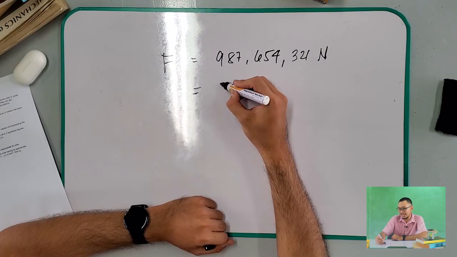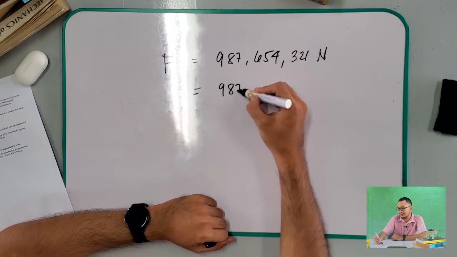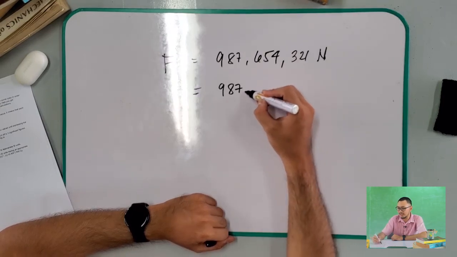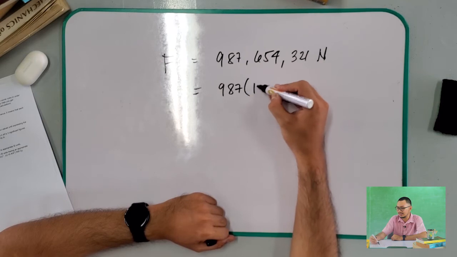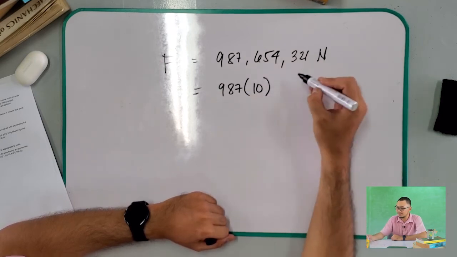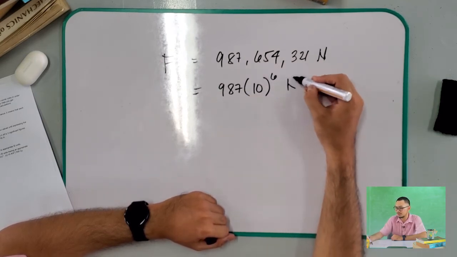Now, if I say that this should be expressed in three significant figures, what are you going to do? It should be 987 times 10 to the power of 6 newtons.